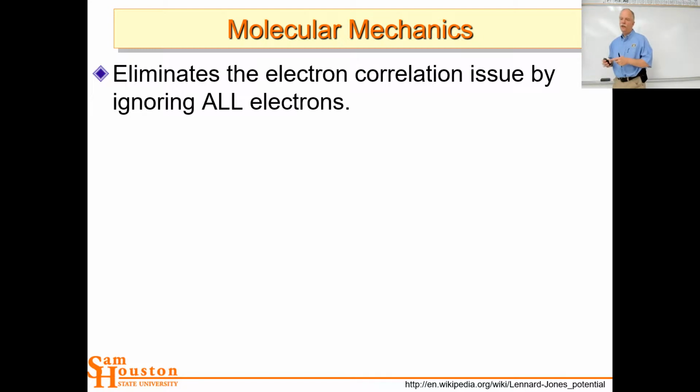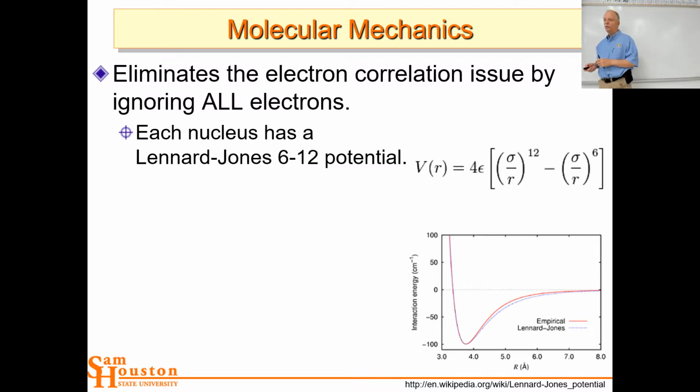So if we can't deal with the electrons interacting with electrons, and we really don't want to do all of those nested loops of all those electrons, we could just ignore the electrons altogether and come up with this sort of attractive and repulsive potential called the Lennard-Jones 6-12 potential.